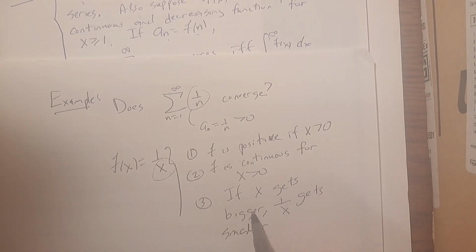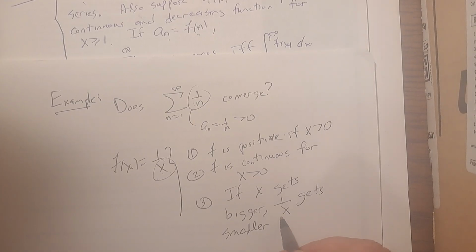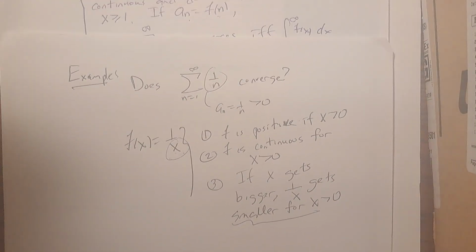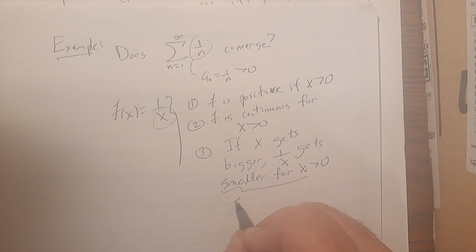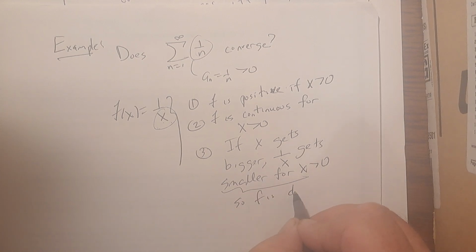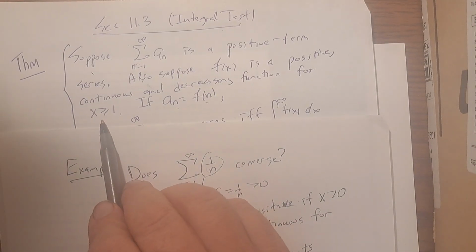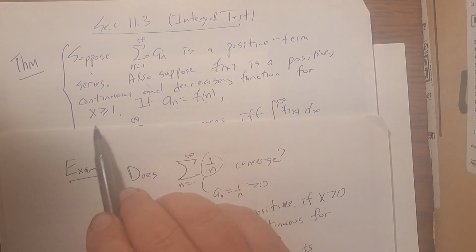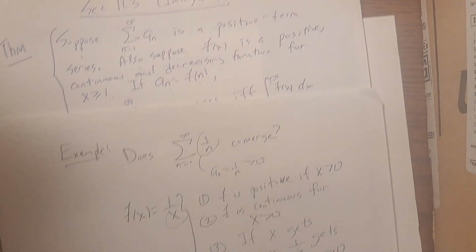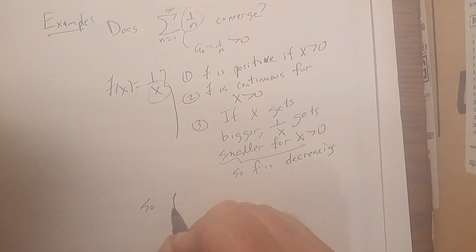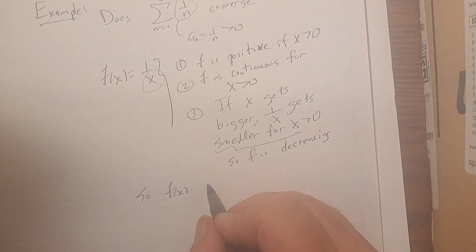And it is true if the x gets bigger, 1 over x gets smaller for x greater than 0. That's the definition of what it means to be decreasing. So f is decreasing. So it is true that it's positive, continuous, and decreasing for x bigger than or equal to 1, because that would be a subset of x being greater than 0. But it's important to work that out.